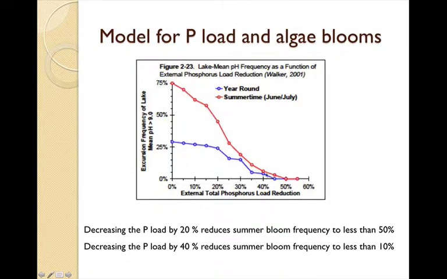Is 10% frequency of blooms okay? Can we live with that? Because as you get further and further out here, it costs more and more to reduce that next increment of phosphorus from coming into the lake. So again, this is an example of using that model, and then we made some predictions, and generated some hypotheses from that, and that's what the management strategies are based on.